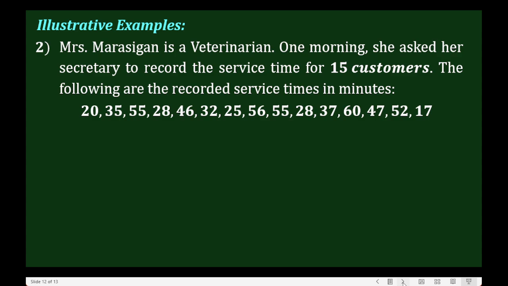Next. From this problem, we are asked to find the second, the sixth, and the eighth decile. And these are D sub 2, D sub 6, and D sub 8. Now for our solution, of course, the given set of data must be sorted from the least to the greatest value.